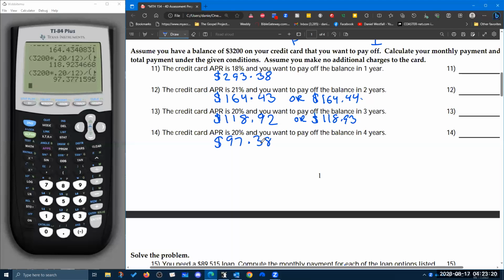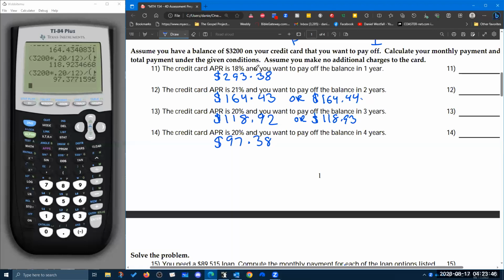So in the end, you are paying a lot more in interest to borrow the money for 2 years than for 1 year, or for 3 years than for 2 years, or for 4 years than for 3 years. I don't know if that makes sense what I just said, but the sooner you can pay the money back, the better.